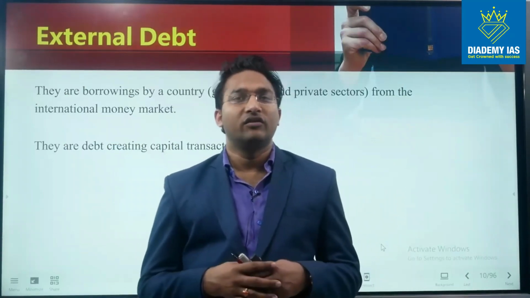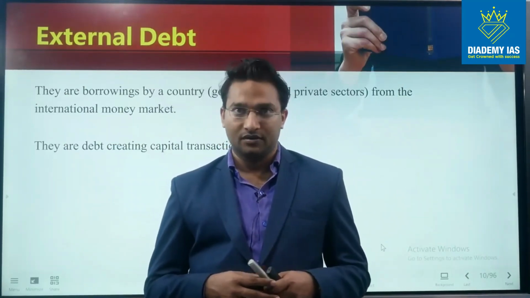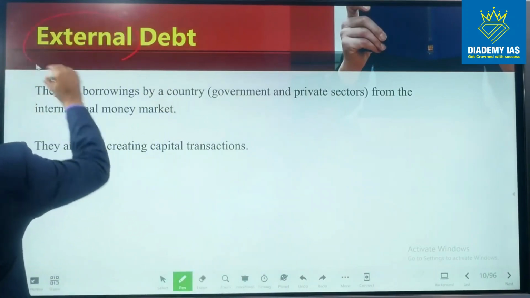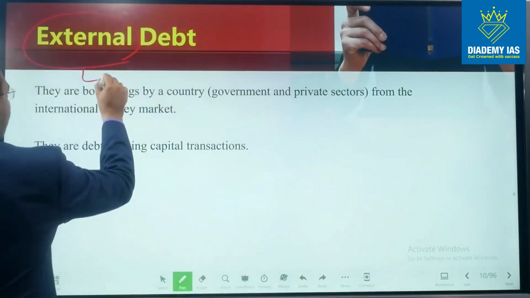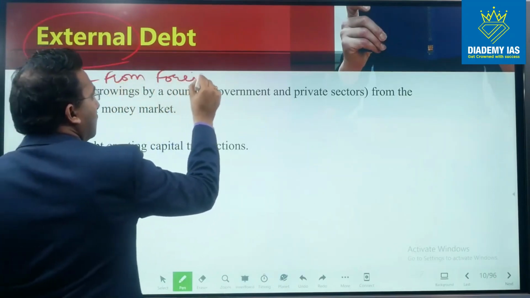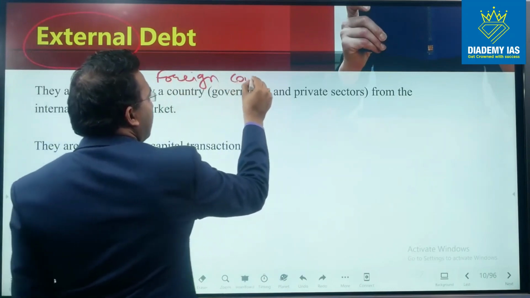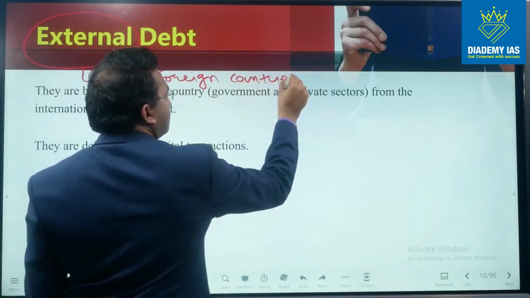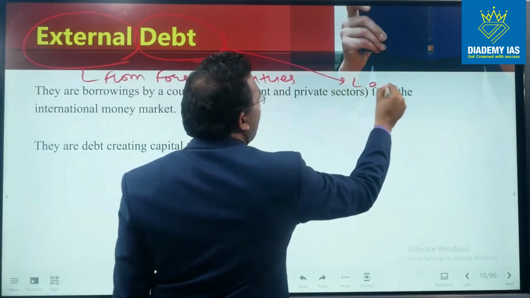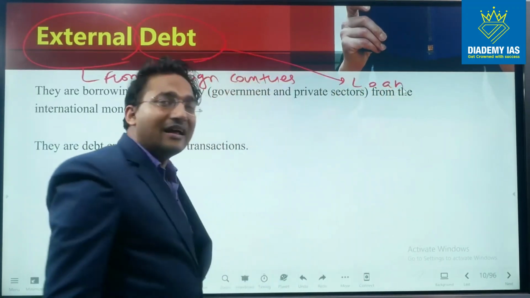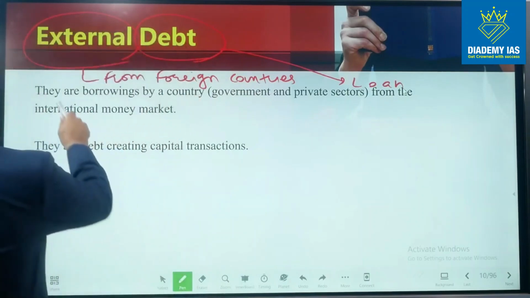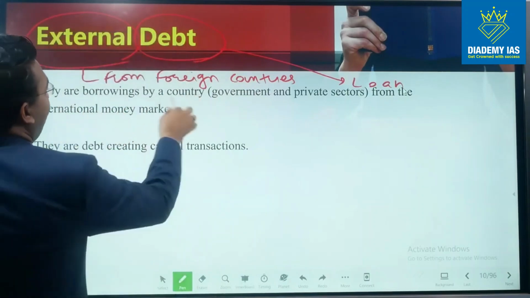In this session, we will discuss external debt, right? The name itself suggests: external basically means from foreign countries, and the word debt means this is a loan. So this is the loan taken from foreign countries. They are borrowings by a country.